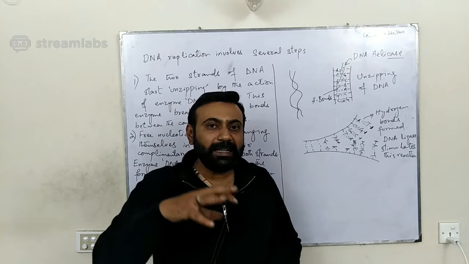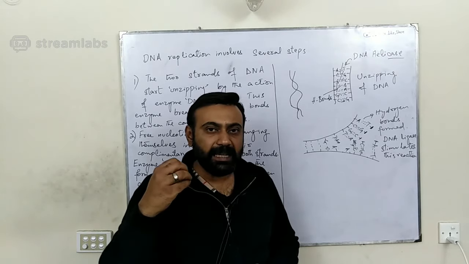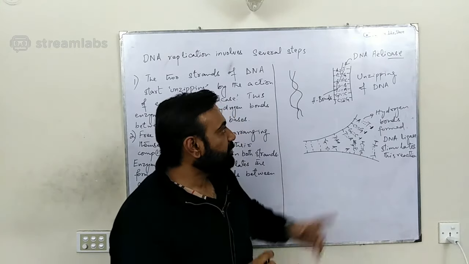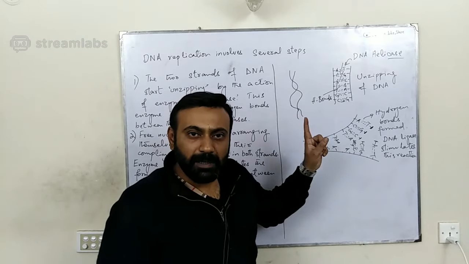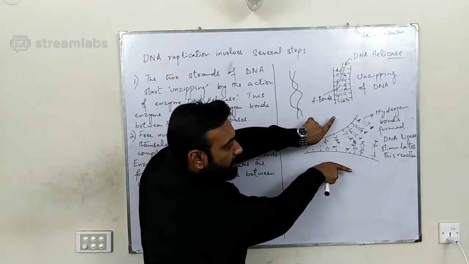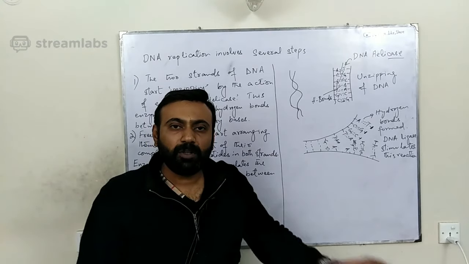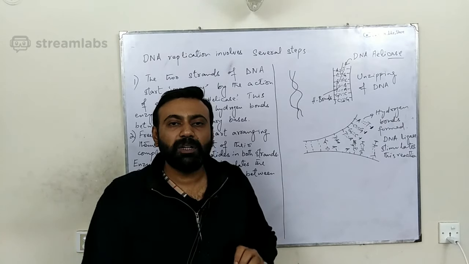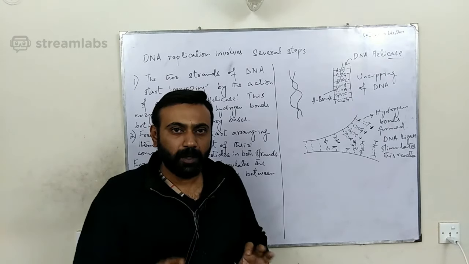So during DNA replication, initially DNA helicase starts acting. It starts breaking up the hydrogen bonds between the complementary bases, due to which the strands of DNA start getting separated from each other. This process is called unzipping of DNA. Got it till here?